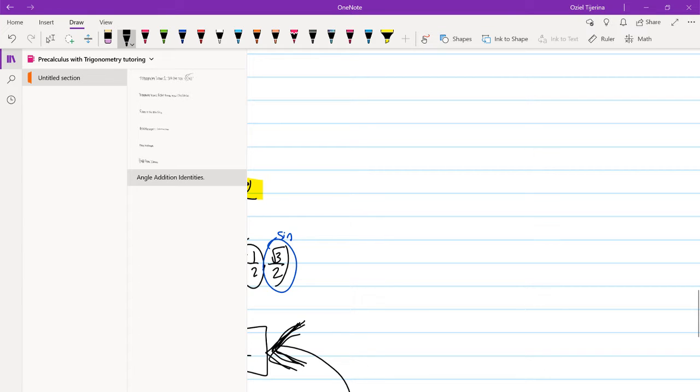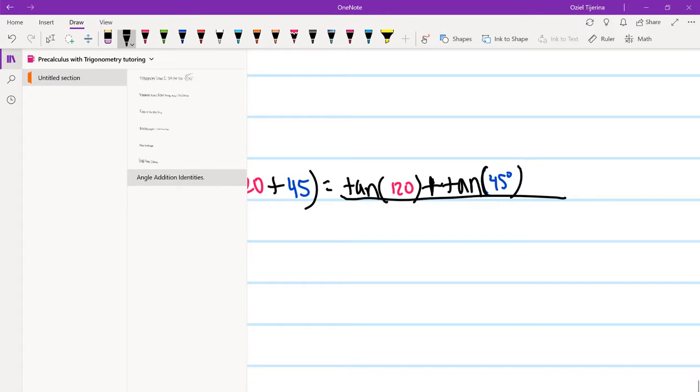So then you have plus tangent y, plus tangent of 45 degrees, over 1 minus tangent of 120 times tangent of 45 degrees.